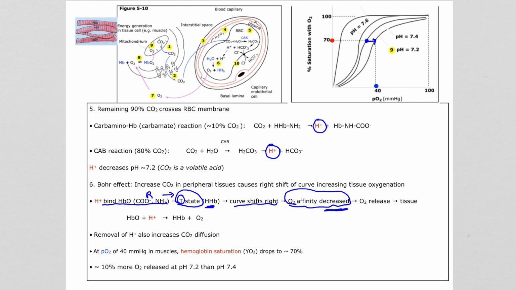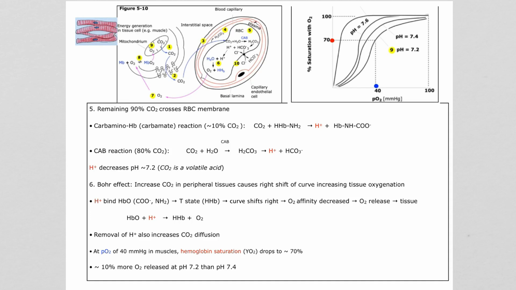Whenever we see the curve shift to the right, that means the affinity of the protein for the ligand decreases. So oxygen is no more bound tightly to the hemoglobin. The oxygen is released, and this oxygen that is released from the red blood cell will diffuse towards the muscle tissue where the concentration of oxygen is very low.